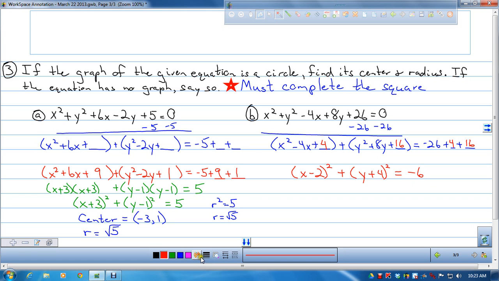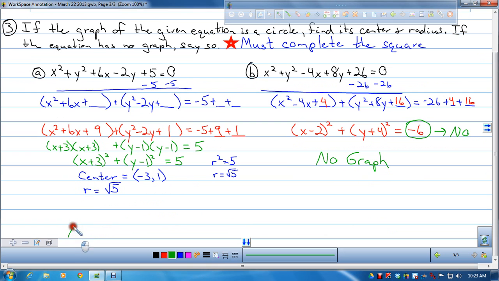You'll be tempted to say that the center is at 2, negative 4. However, can my radius squared, can anything squared be a negative? When I square anything, can I get a negative? That answer would be no. Therefore, we would have no graph here. This is not a circle.